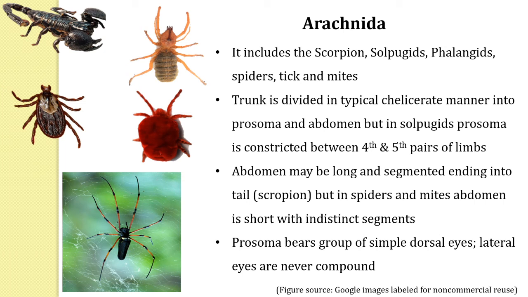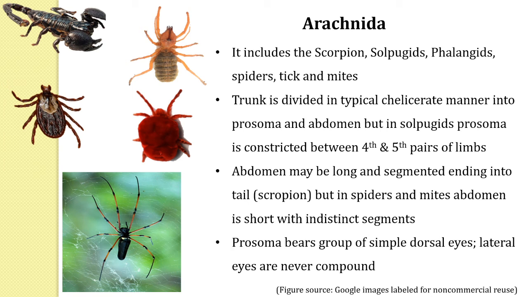The prosomal appendages include the chelicerae, a pair of pedipalps, and four pairs of walking legs. The abdominal appendages are either absent or represented by modified rudimentary structures. The cephalic region of the prosoma generally bears a group of simple dorsal eyes in some forms.